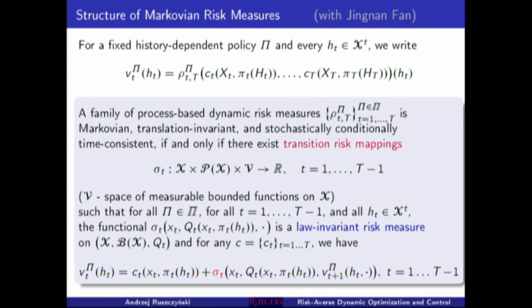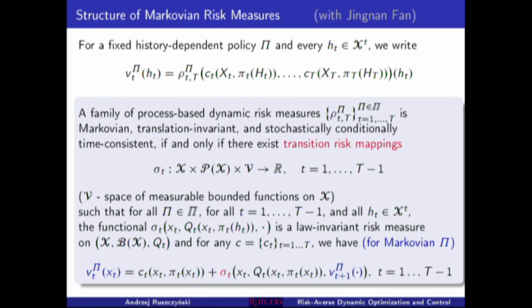Now, if a current history is known, then the next history will be the current history and the next state. So this means that the three arguments of this operator sigma are current state, distribution of the next state, and the value function at the next state.